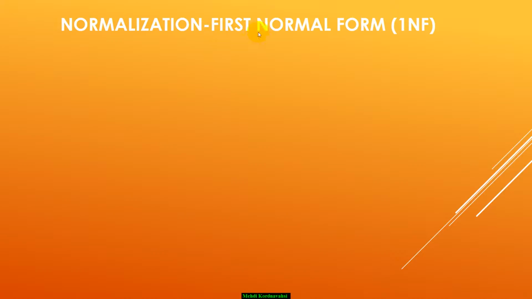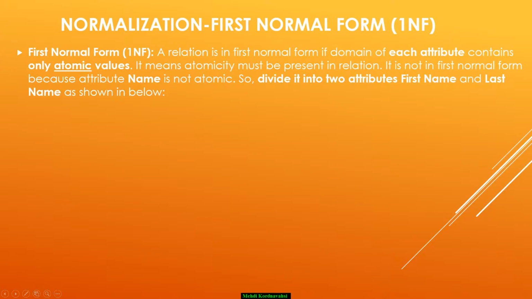Normalization: first normal form, or 1NF. A relation is in first normal form if the domain of each attribute contains only atomic values.